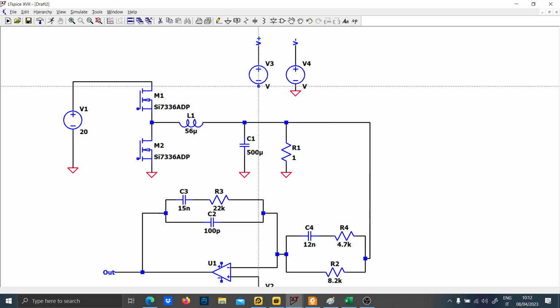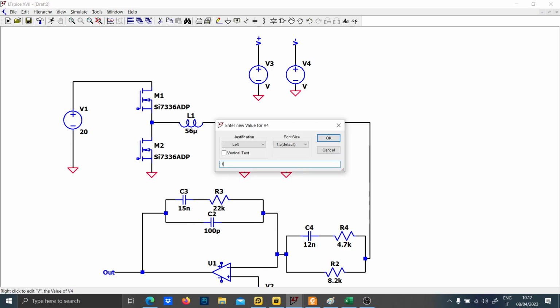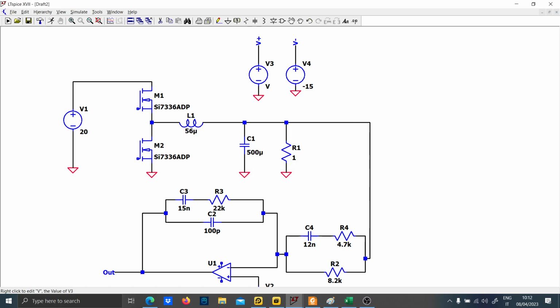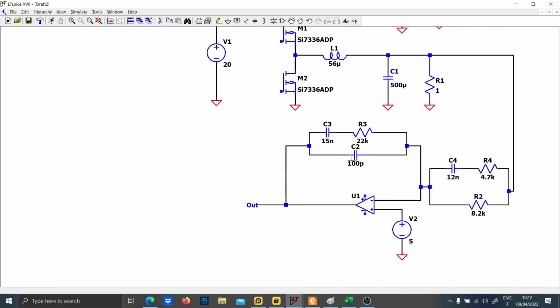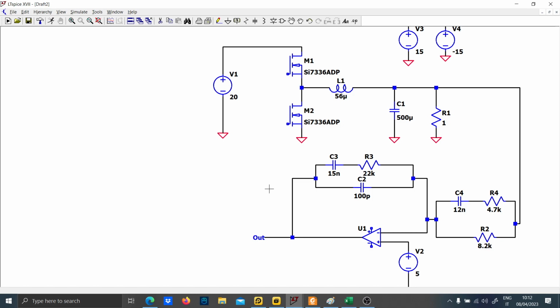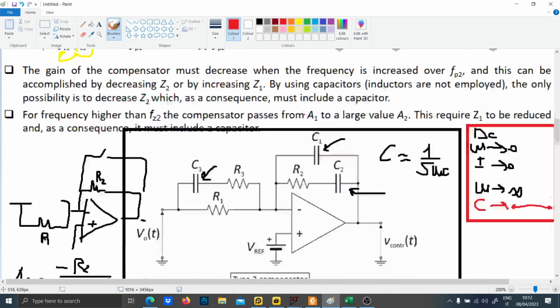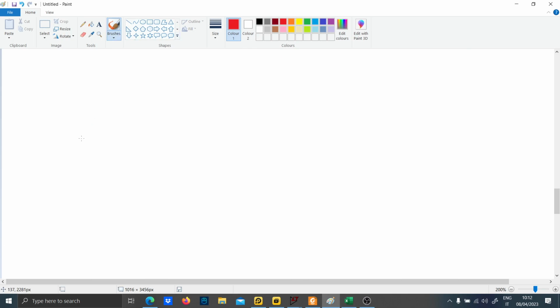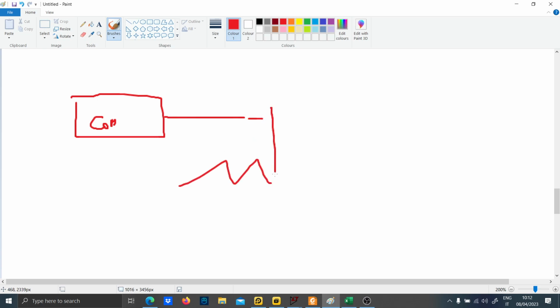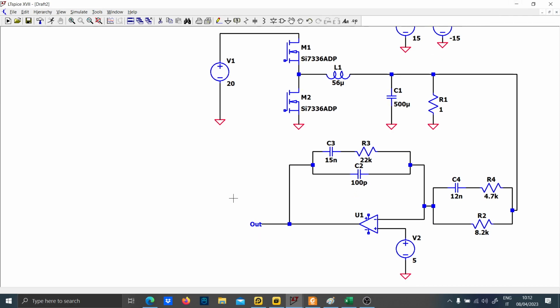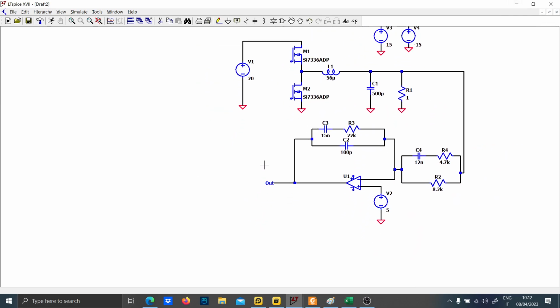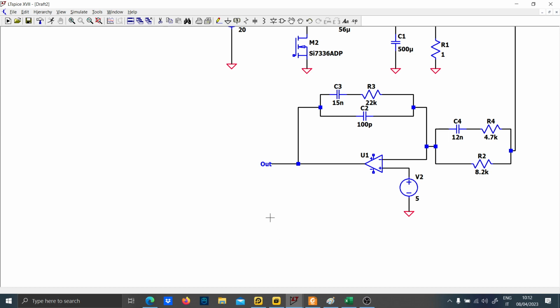Let's put minus 50 volts and plus 50 volts. After the compensator, you will need to compare the compensator output with a triangular waveform, and this will go into the duty cycle of your MOSFET. So now let's put the triangular, the sawtooth.